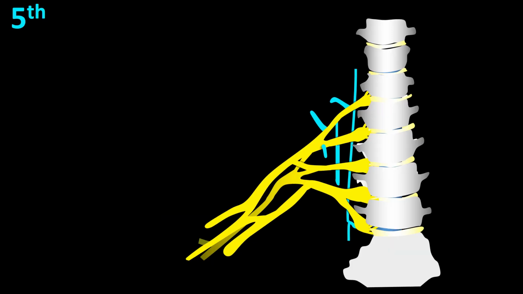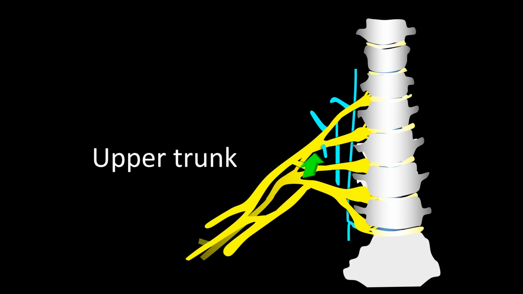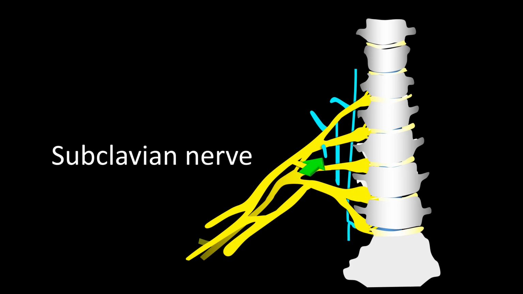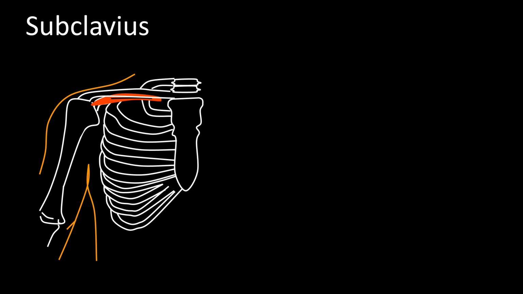The fifth nerve, arising from the proximal region, arises from the upper trunk, usually shortly after the ventral rami of C5 and C6 join. This nerve is called the subclavian nerve. It innervates the subclavian muscle.